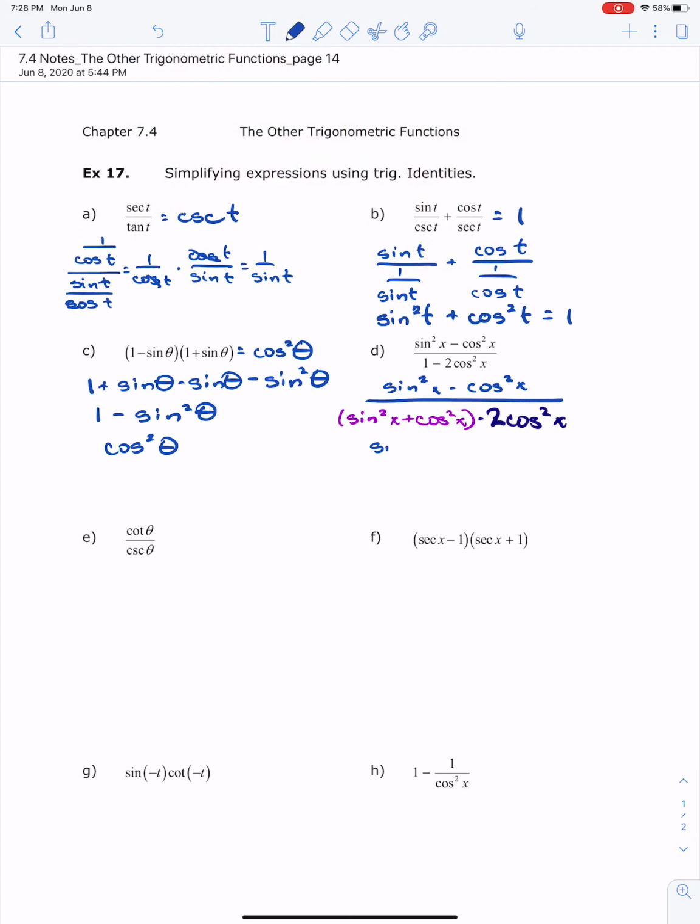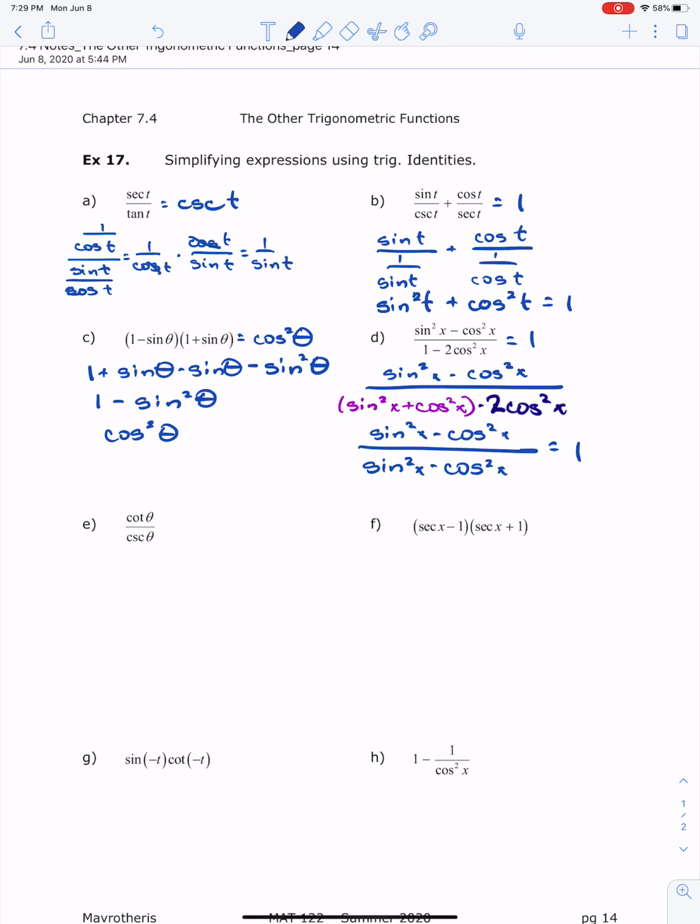So I've got sine squared x minus cosine squared x. In the denominator, I've got sine squared x plus cosine squared x minus 2 cosine squared x gives me a minus cosine squared x. And the same thing in the numerator and denominator, that equals 1.